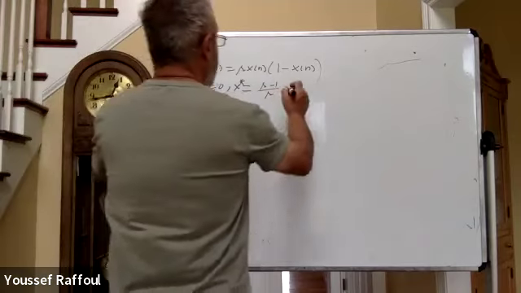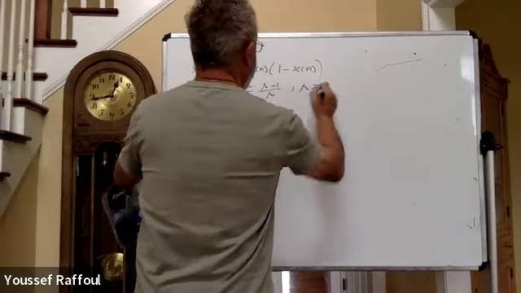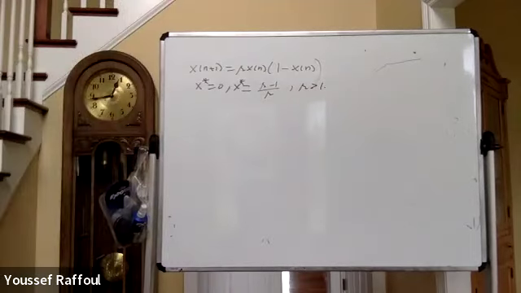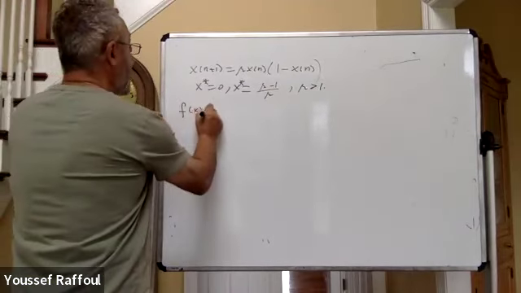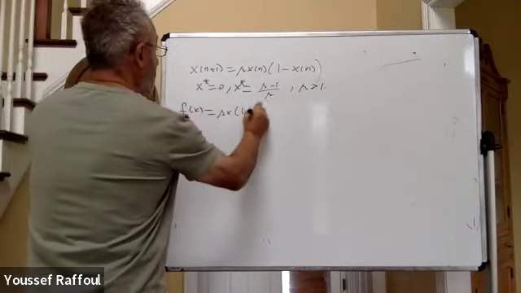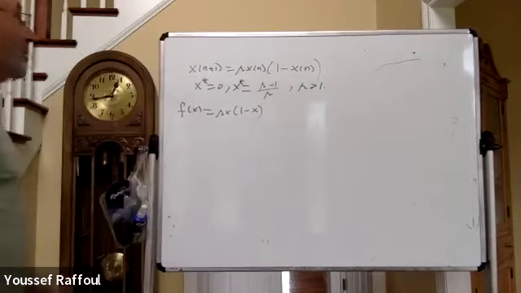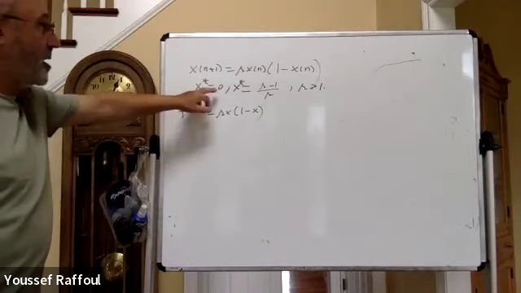And you want r to be bigger than 1 in order for this to be feasible. So here, f of x is r x (1 - x). Let us study this one here.